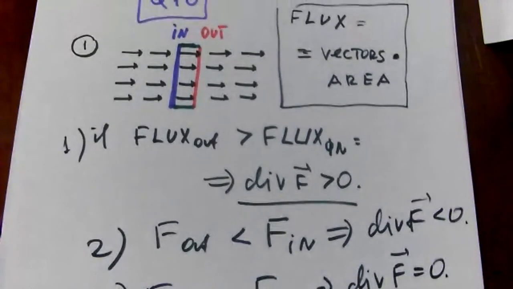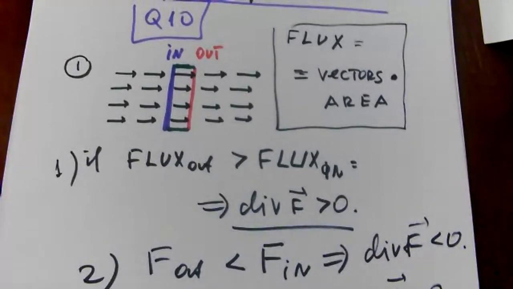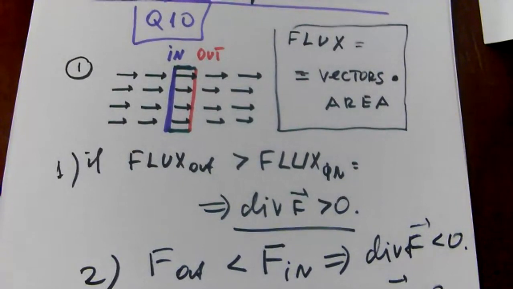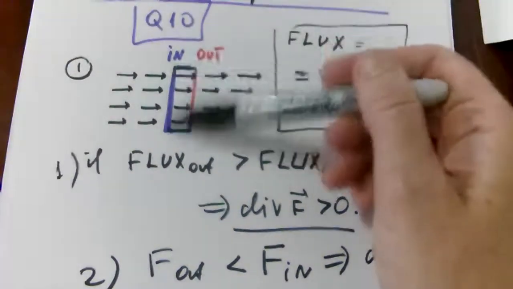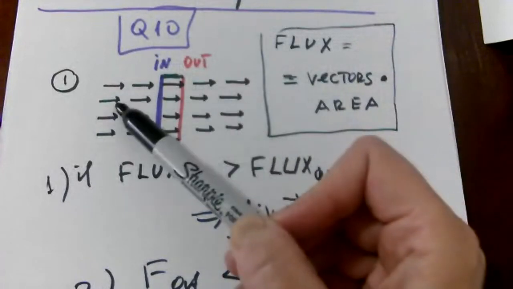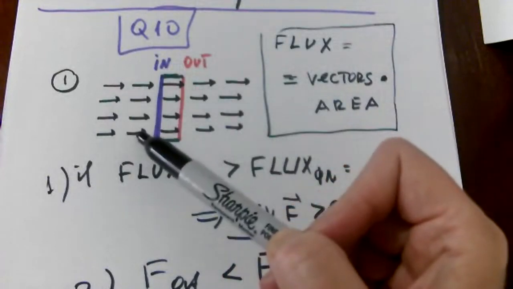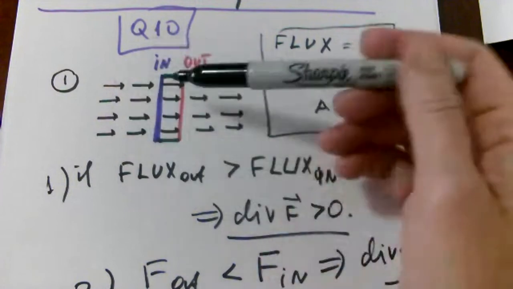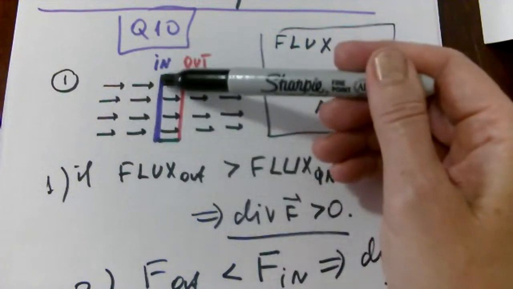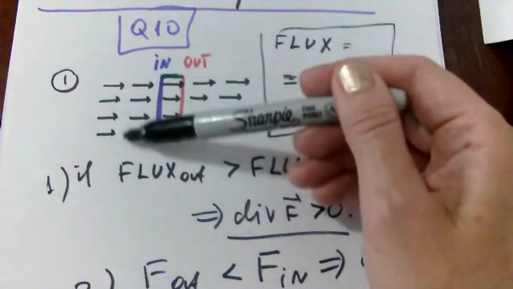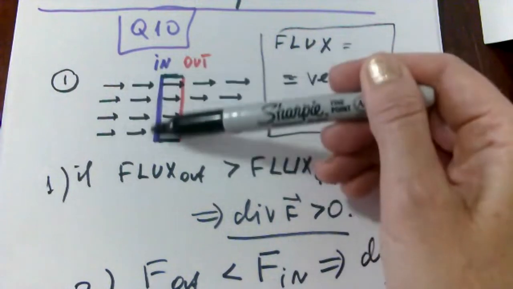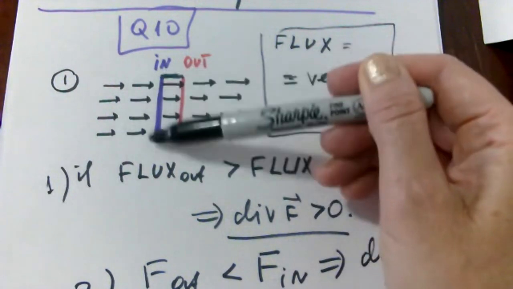Okay, let's get back. Now we are prepared with all these concepts. Let's get back to our example and analyze flux in and flux out. As you can see, all the vectors have equal direction and equal length. It means that the flux in is the collection of all these vectors times this lilac area.